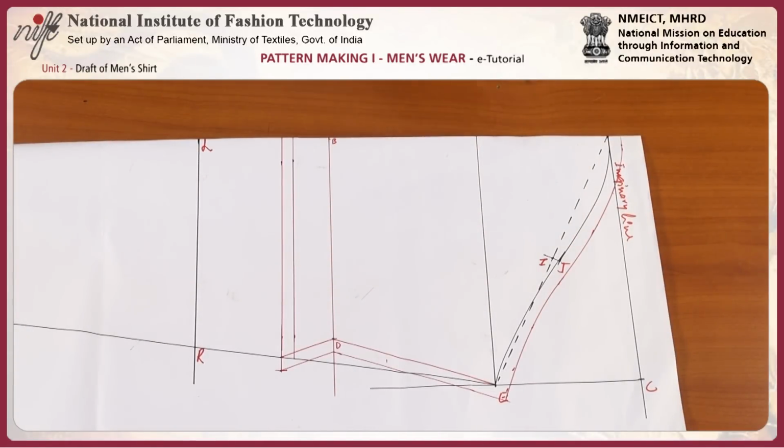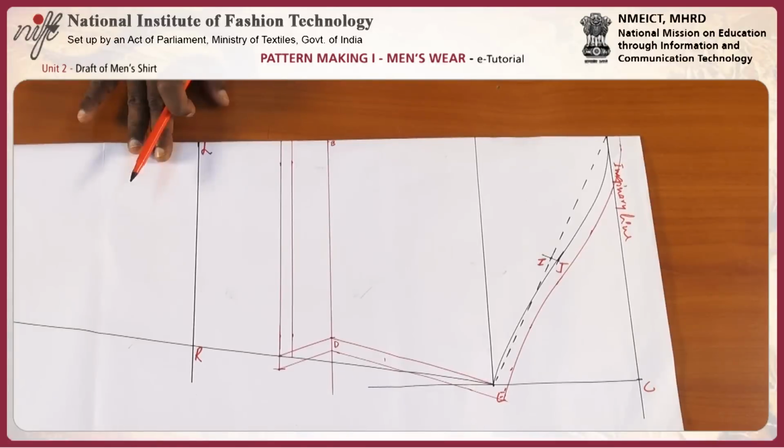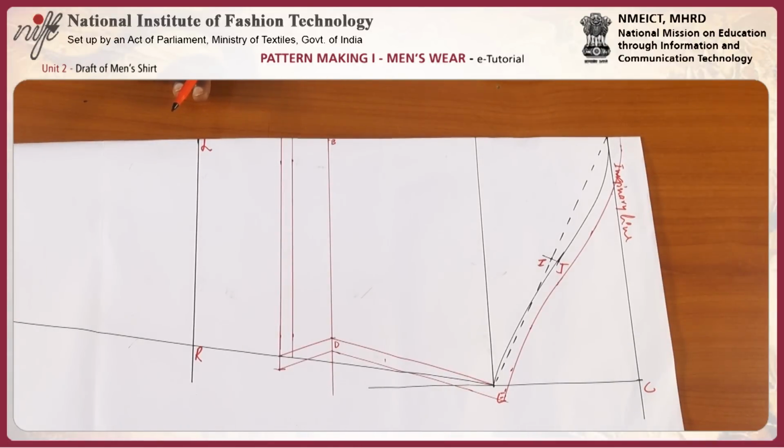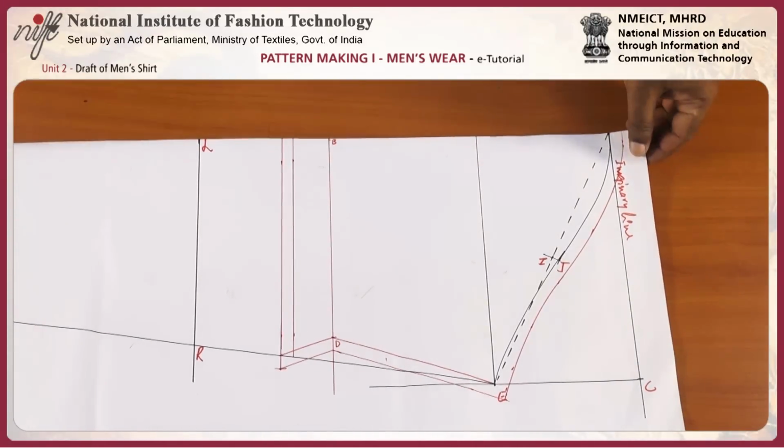With this, the short sleeve is derived from the long sleeve, which can be transferred to brown paper for cutting the fabric part.